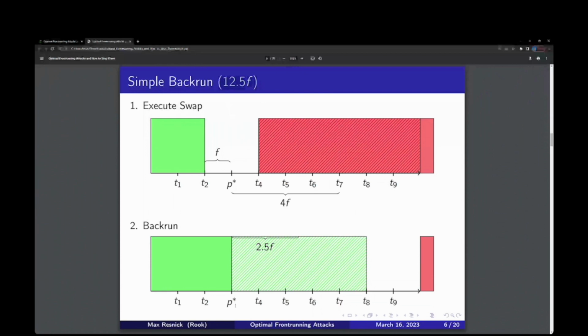Because remember, the searcher can go ahead and sell whatever it back runs on Binance or something. So this is a simple back run. We haven't hurt the liquidity providers. Actually, we've traded back, so we've given them fees in the other direction too.